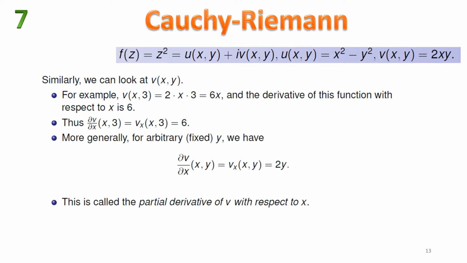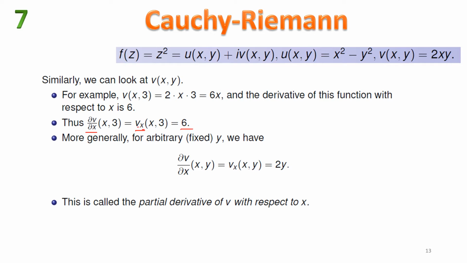Now I am just making notations: del v by del x, where v is a function of x,3, that is, y is substituted with a constant value, and v suffix x means that the differentiation of v with respect to x is 6.